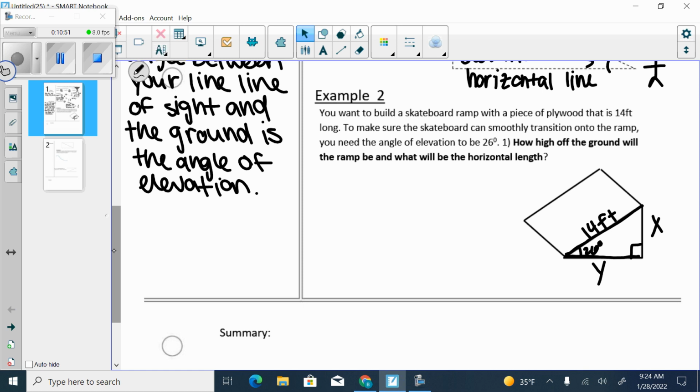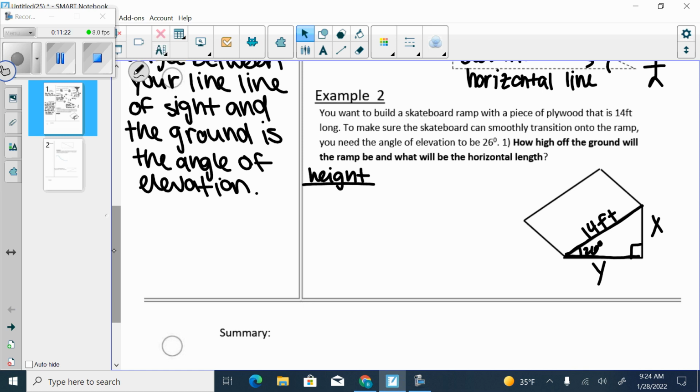And we do have enough information to do that because we have an angle and one side. Okay. So let's start with x, which is representing the height. I'm going to find height first. Okay, so the angle that we have is the 26, right? If I'm looking at that 26-degree angle, what is x in reference to it? Opposite. And which side do we know? Hypotenuse. So we got opposite and hypotenuse.